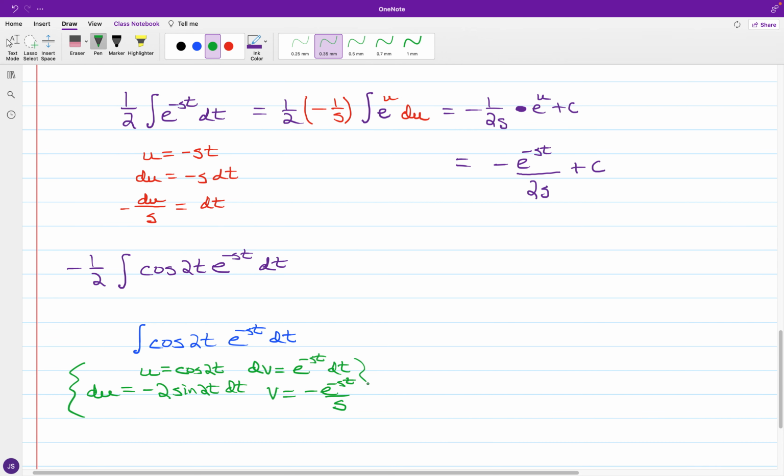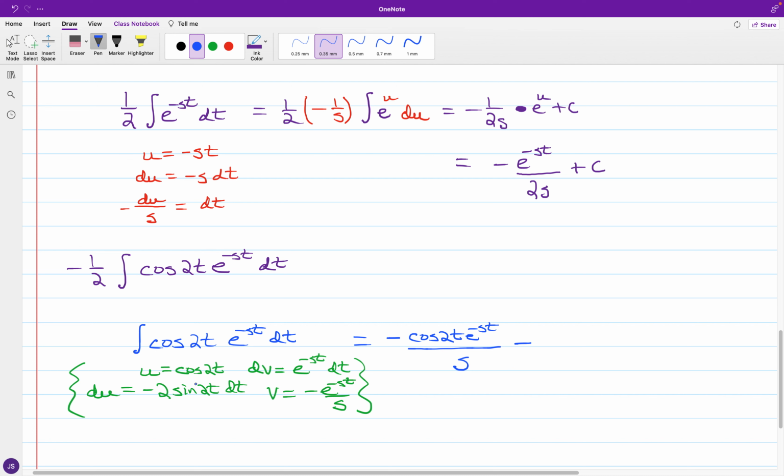With integration by parts, we have u times v, which is negative cosine of 2t times e to the negative st all over s, and subtracting the integral of v du.